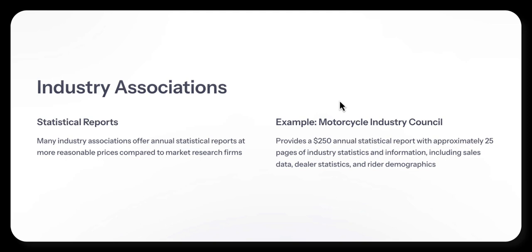If you're a student, I would not suggest you go buy this report. Some of these reports can run into the thousands of dollars, so I would suggest not to buy that report. But some of these industries actually provide a free report.